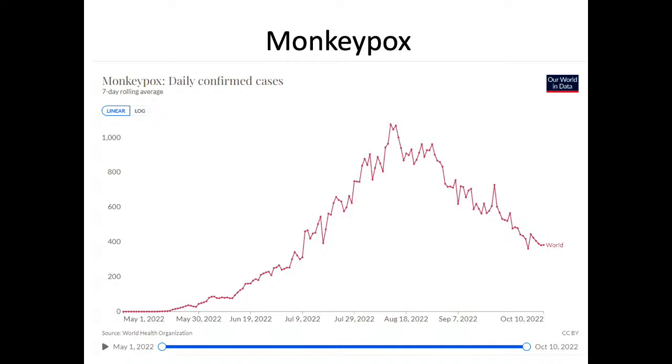And why? What do you think? Why are cases declining? Vaccination, yeah, very good point. In areas with high prevalence, people got vaccines. These are the 2 major points.